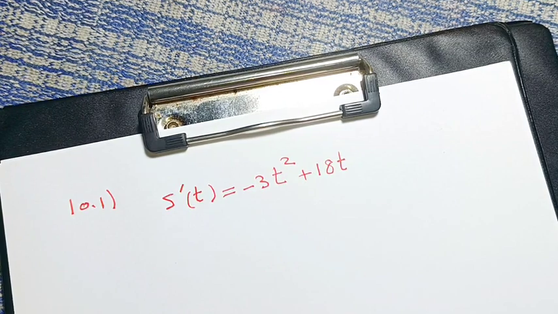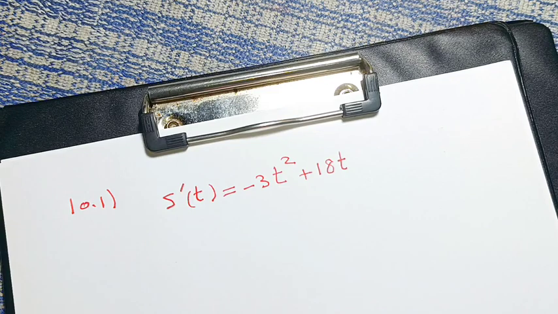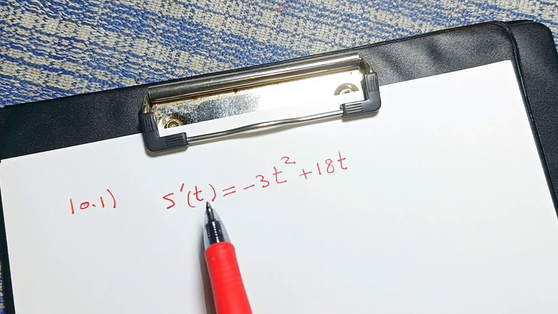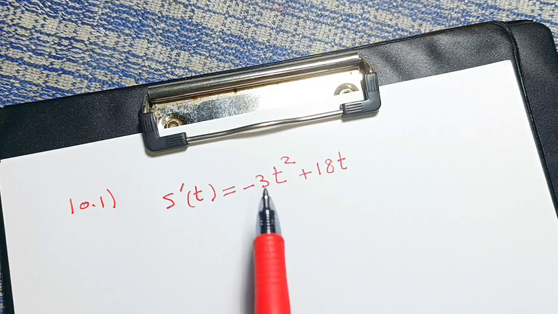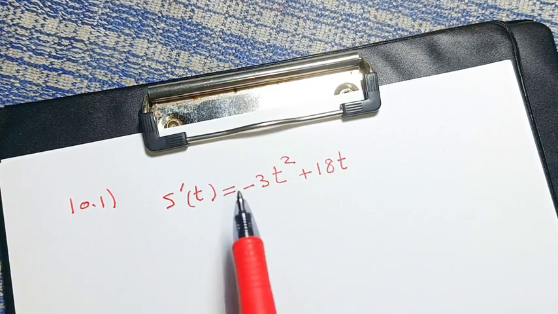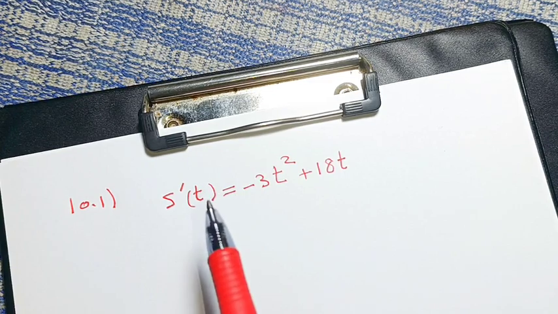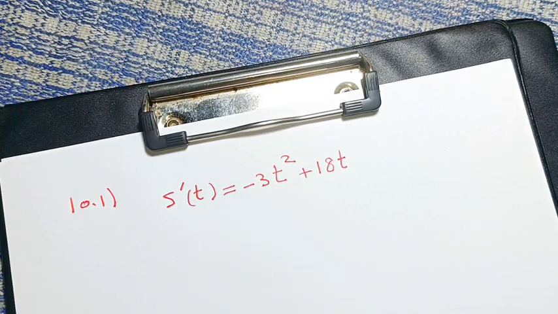This is the speed function, given by the first derivative of t, and to find the maximum speed we need to find the critical point by taking the derivative of the speed function with respect to time and setting it to 0.